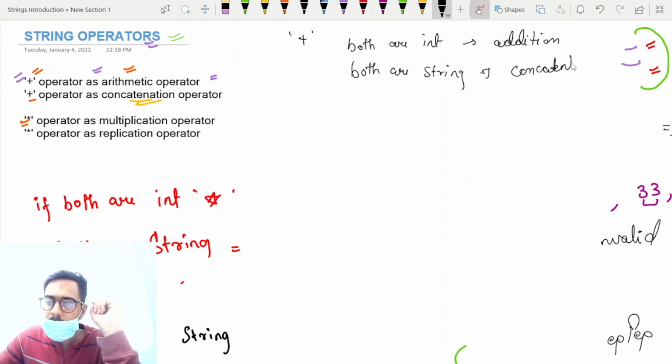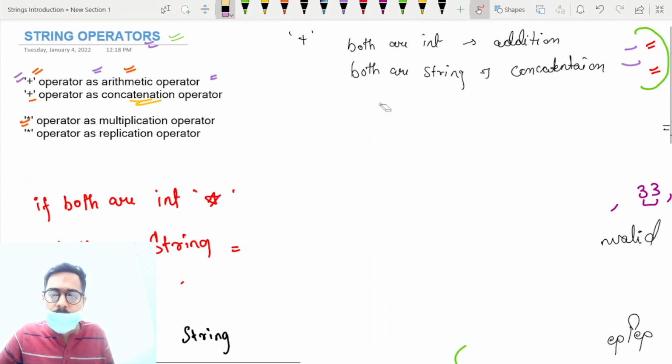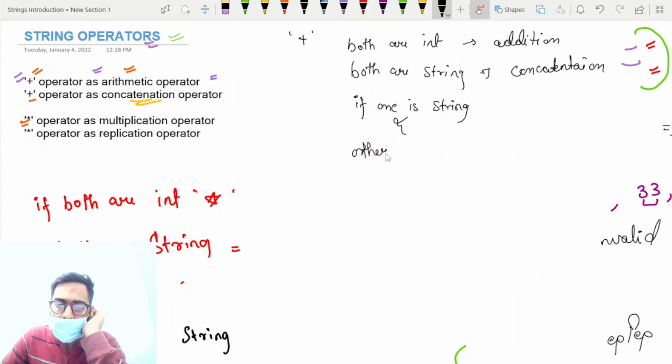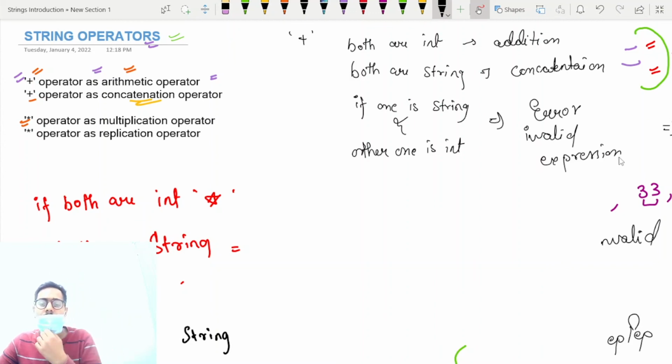Concatenation. That means strings will get merged. If one is a string and the other one is int, then error, invalid expression. That will be an invalid expression, because ultimately you cannot add a string to an integer. You can add only both strings or both numbers.